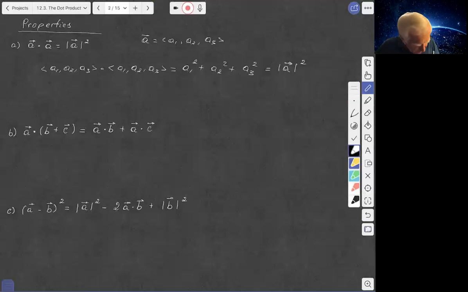We have A1, A2, A3 for A, and the expression in parentheses is going to give us B1 plus C1, B2 plus C2, and B3 plus C3.